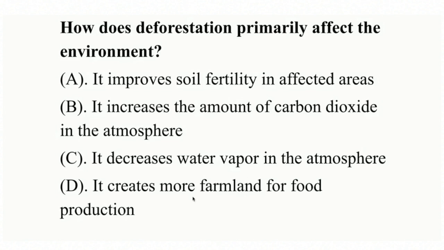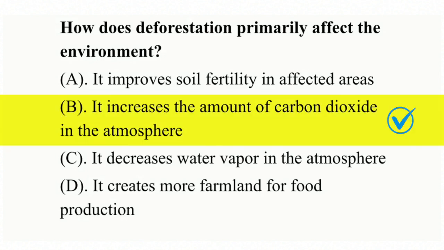So letter D, it creates more farmland for food production. Well, at the beginning it might create some farmland, but it's going to destroy the soil and cause greater deforestation. So the correct answer to that question is letter B. It increases the amount of carbon dioxide in the atmosphere.